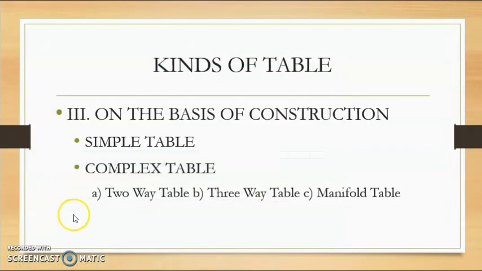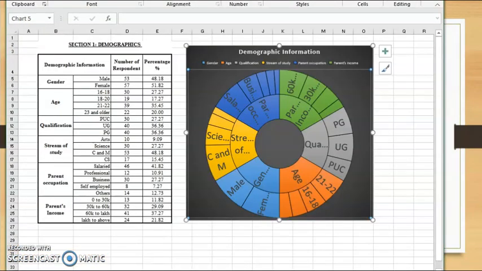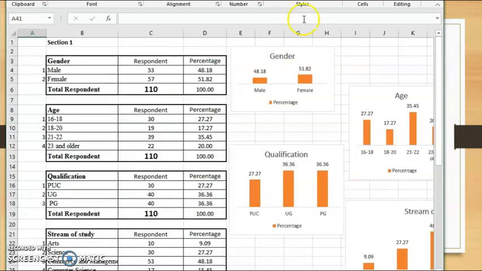That becomes your complex tables. There you have two-way table, three-way table, and manifold tables, where you have different forms which can explain you with your chart, or only with this explanation, only with these responses and percentage.